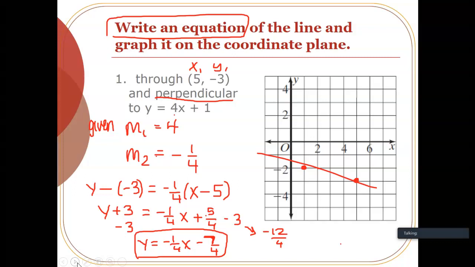So the arrows on the end indicate that this is continuing in both directions infinitely. Remember from the very beginning of this chapter, the domain and range of a line is all reals, meaning it's infinite. So you need to show me it's infinite by putting those arrows on your graphs.